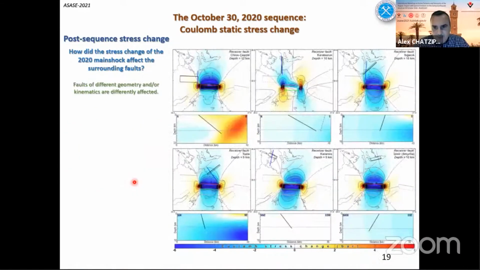The rest of the faults that have been modeled, the receiver faults, do not show any significant stress drop or stress rise. So they are differently affected, but they do not show any indications of post-sequence activity.